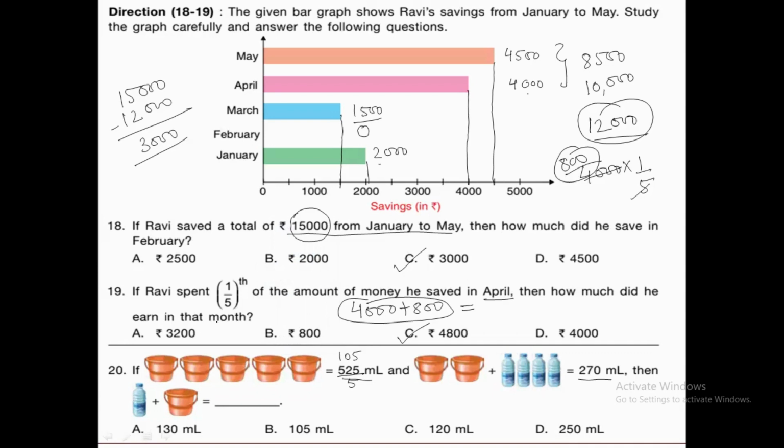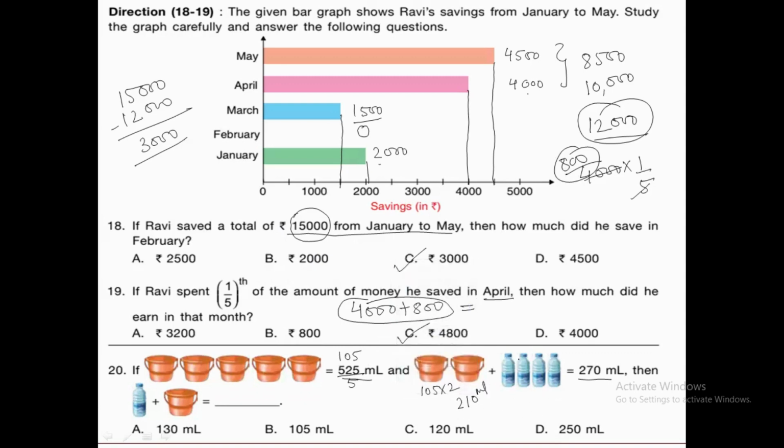Now, if the value of one bucket is 105, what will be the value of two buckets? So we need to multiply here by 2. So what we are getting, 2 fives are 10 and 2 ones are 2. 210 milliliters is the value of two buckets.